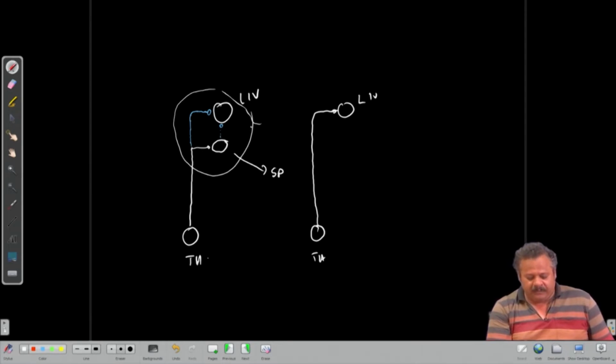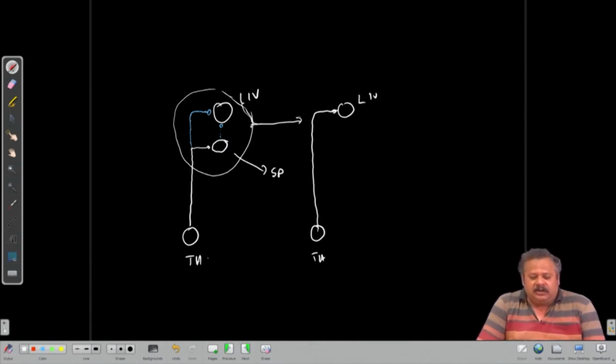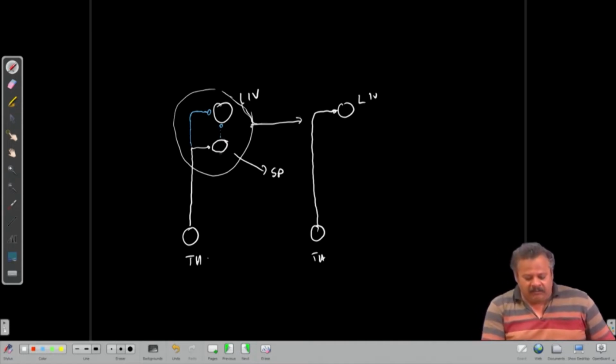From the initial stages, it goes on to the case where the subplate neuron's output dies away, and the thalamus to subplate neuron input also goes away because the subplate is not there anymore.